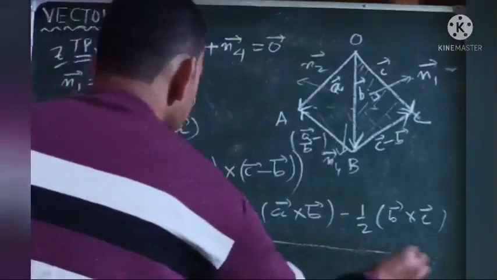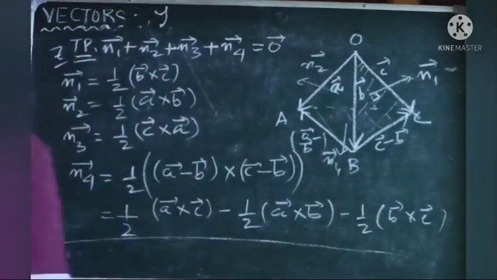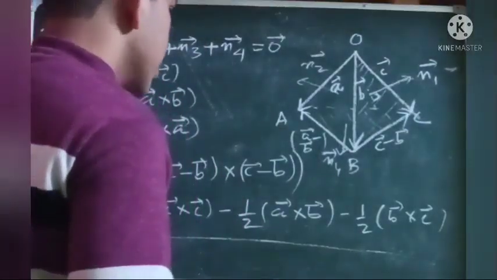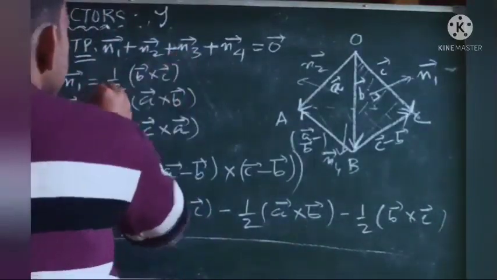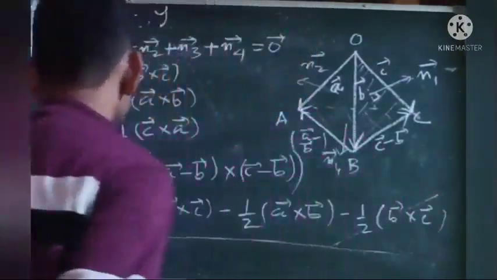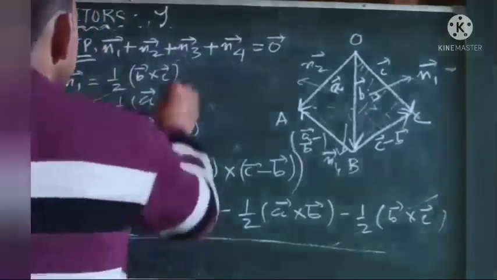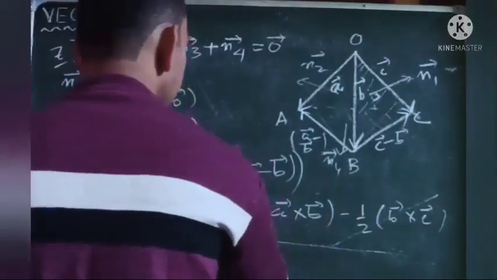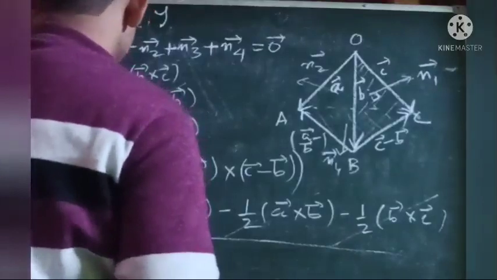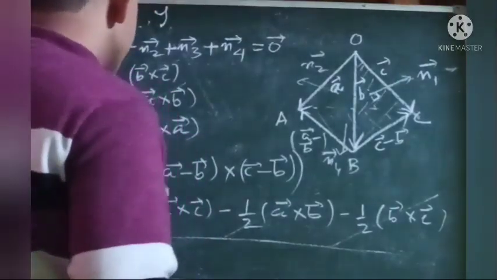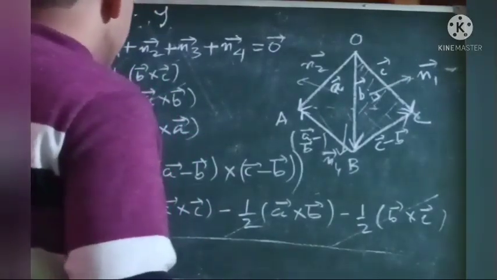If we add these vectors, we can see half of B cross C and minus half of B cross C get cancelled, plus half of A cross B gets cancelled with minus half of A cross B, and plus half of C cross A remains.